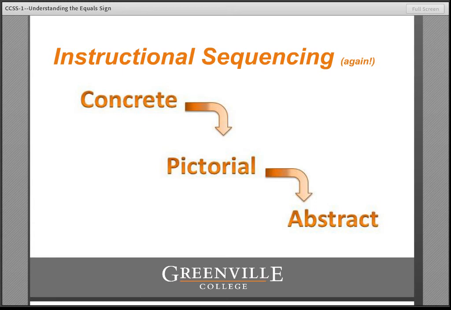Along this learning journey, they need to make sense of how their concrete models relate to pictorial or diagram representations, and then how those pictorial models relate to abstract models like an equation. They need to be able to look at the abstract models, equations, and be able to put those back in concrete terms. Look at an equation and tell a story that matches. And even for some more complex equations, not just your classic 2 + 5 = blank.